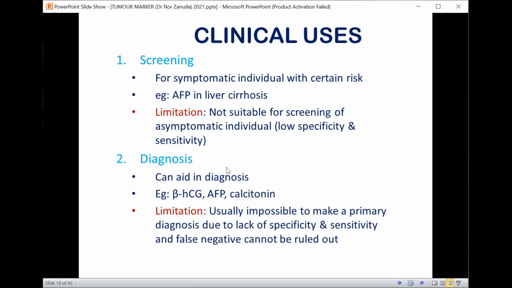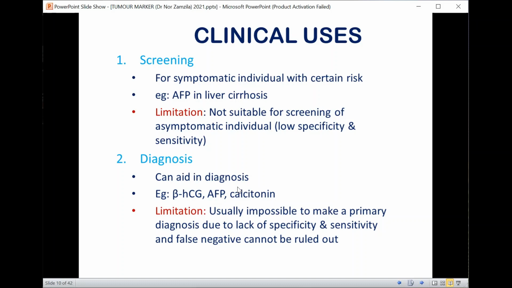Alright, number two, some tumor markers can be used for diagnosis, and again, this is not for all types of cancer. Among the examples of tumor markers that can be used for diagnosis are beta HCG for cholangiocarcinoma, AFP for hepatocellular carcinoma, and calcitonin for medullary carcinoma of the thyroid.